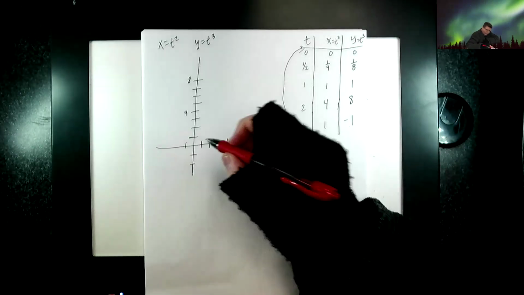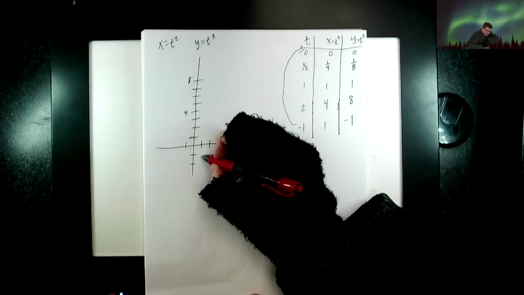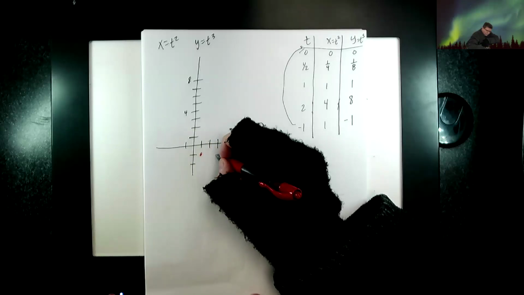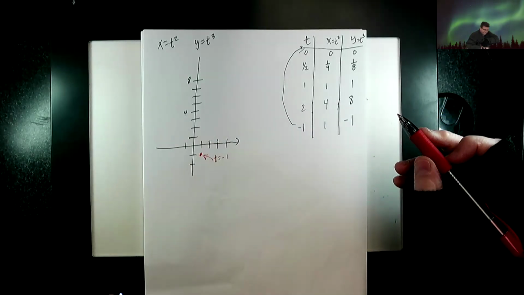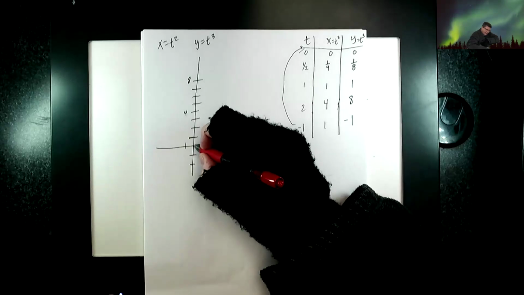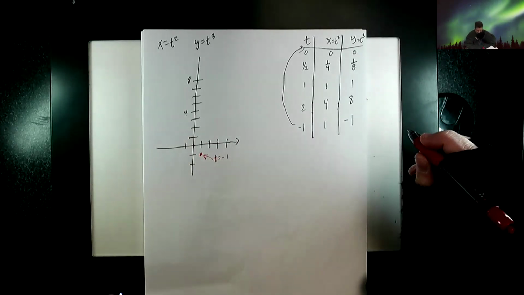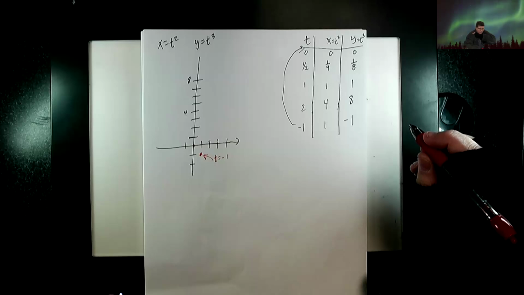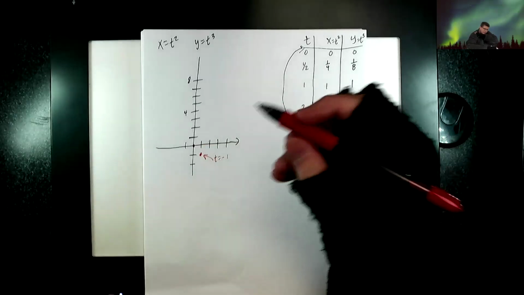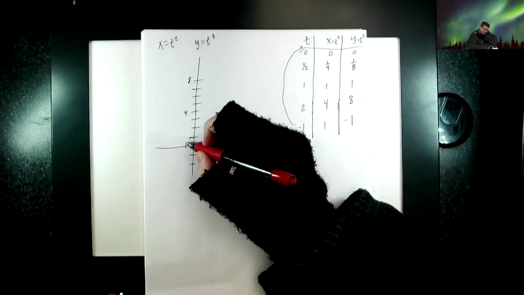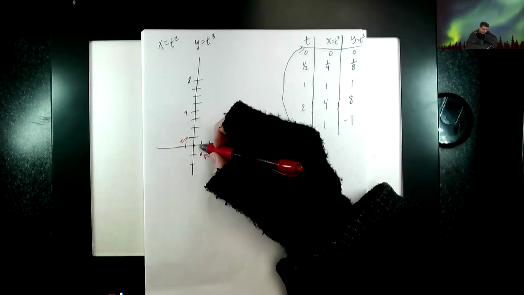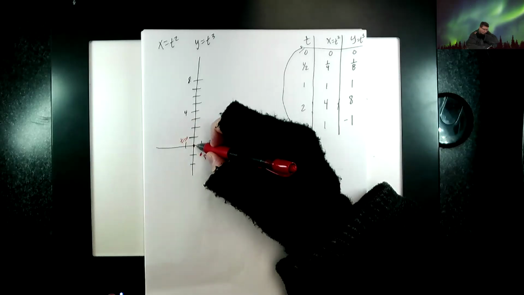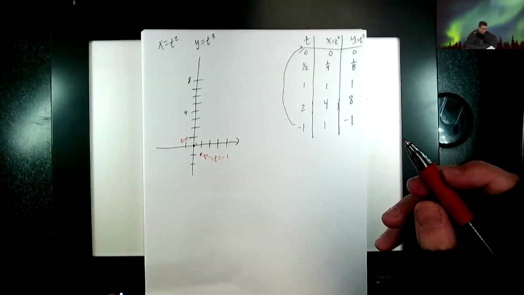So we'll put in the t equals -1 first. We're at 1 and -1. Then t equals 0, we have that. And then t equals 1/2. We have 1/4, which is not very far along, but even lower down, like really low.